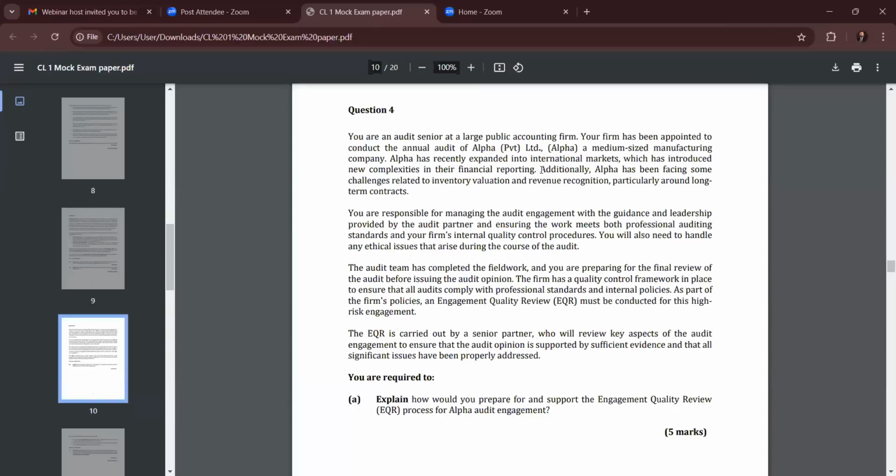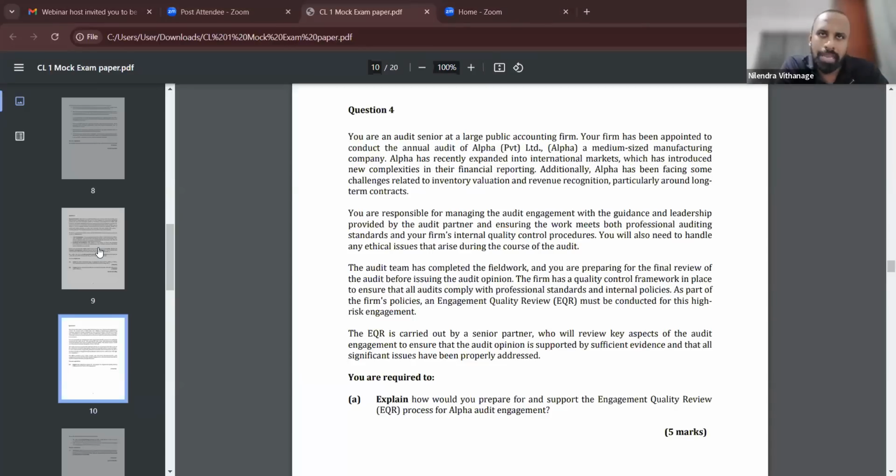You have asked whether it is required to write down the standard number. My advice: if you can write it, that's better.